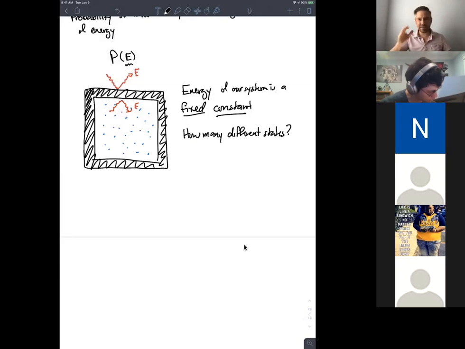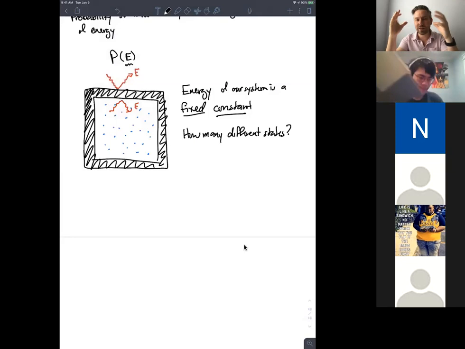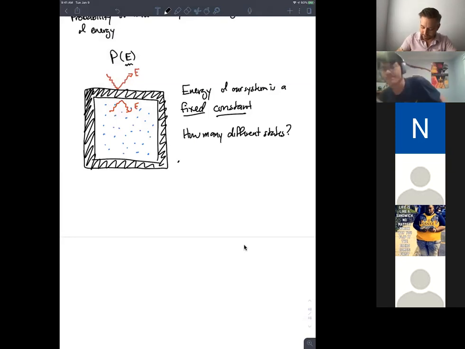Now, this idea that we are going to look at all the possible available states to a system that is at a fixed constant energy is what's referred to as the microcanonical ensemble.